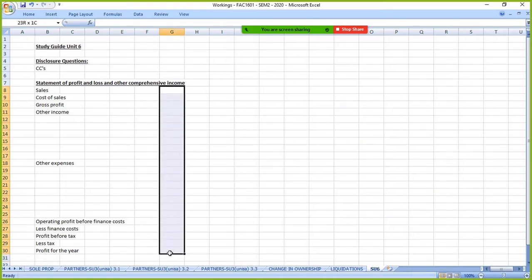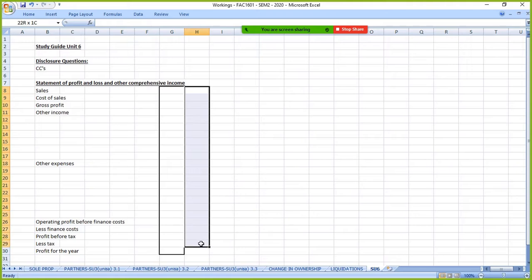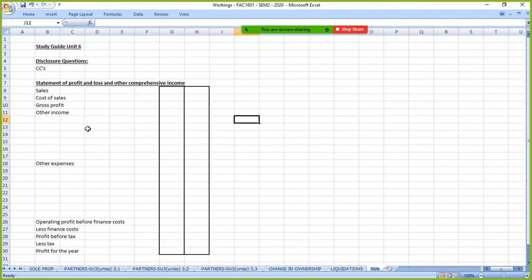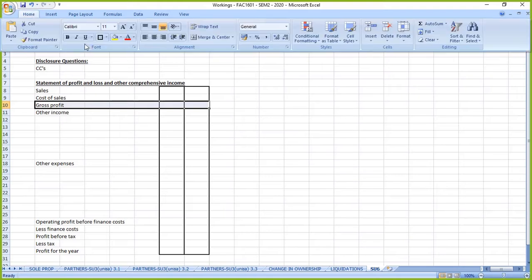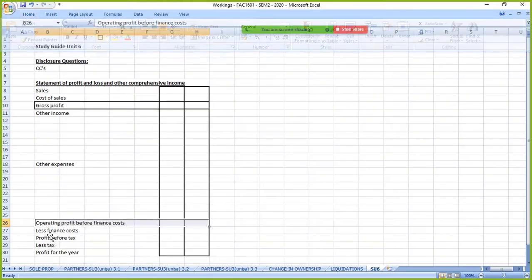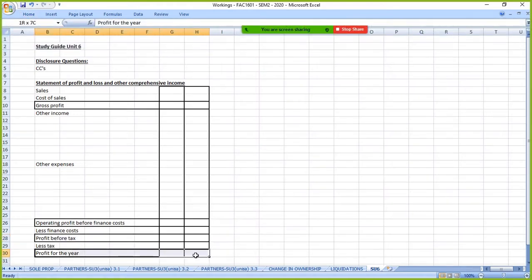Well, I like using two columns, so I'll use two columns here: one for totals, one for workings. Let's put total columns for those line items. Okay, there's the one. Right, then we need to do another.